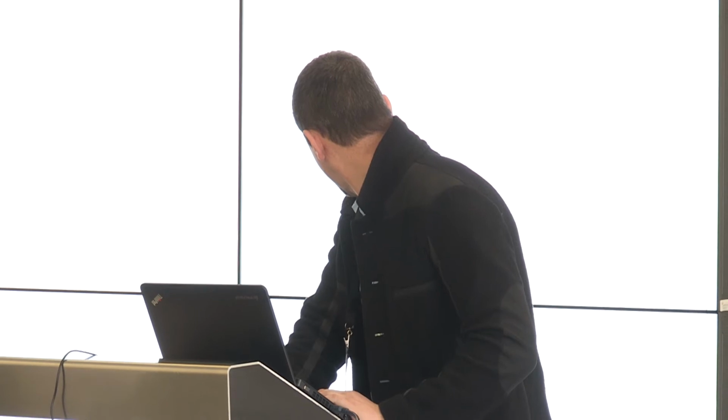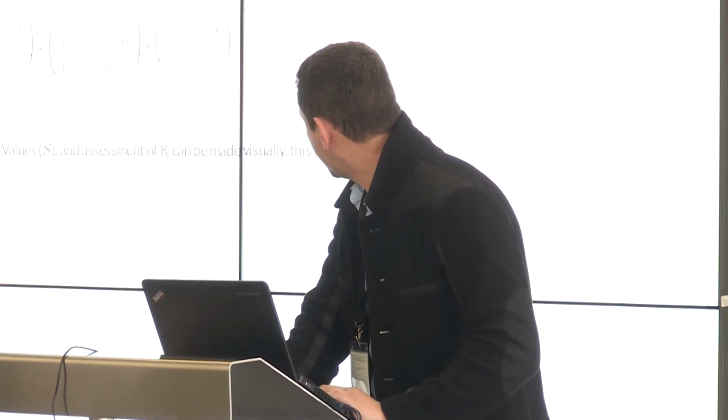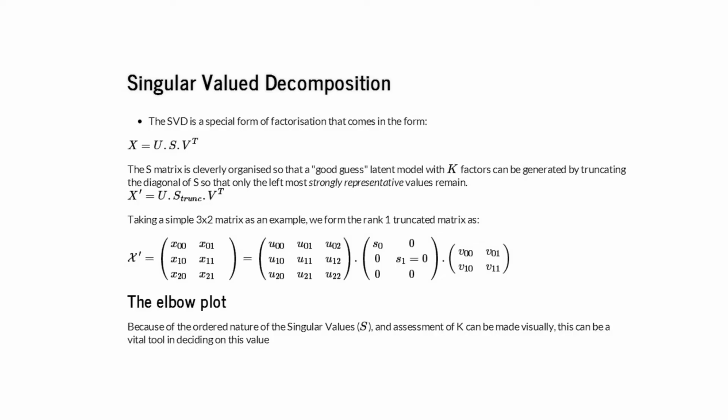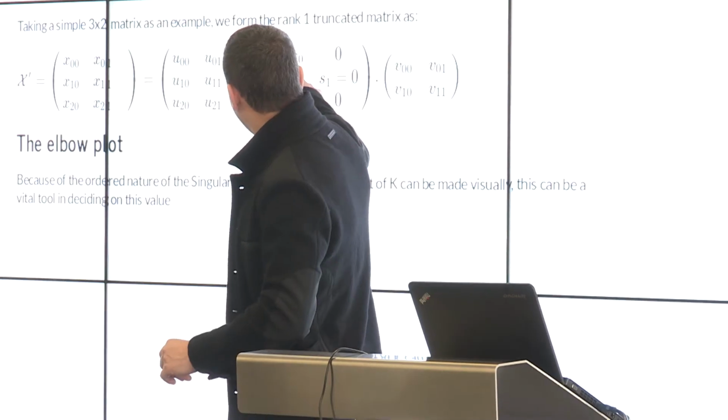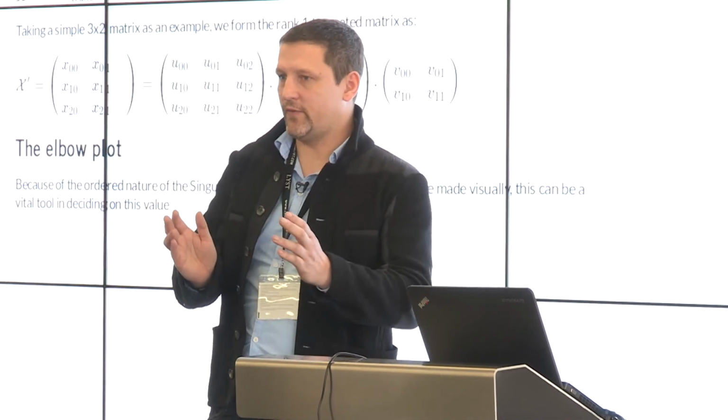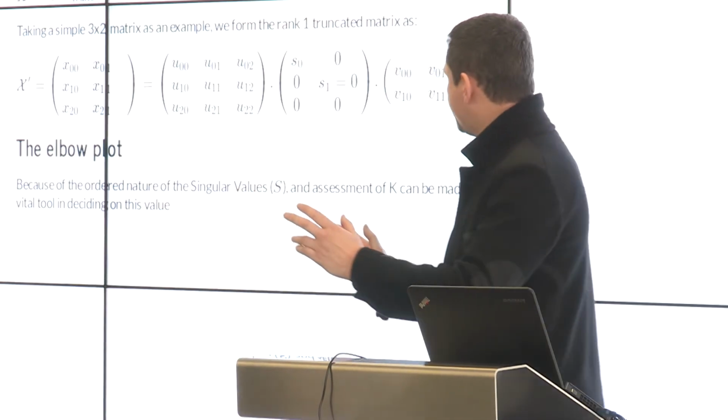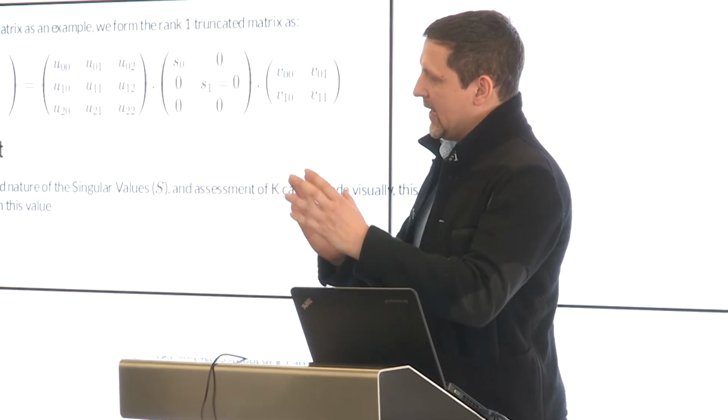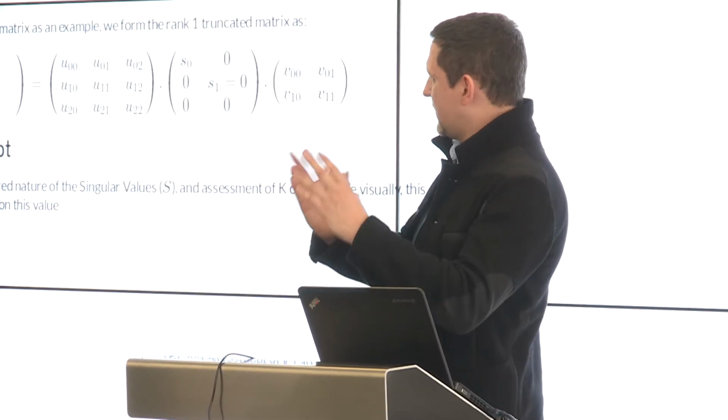Okay, so if I'm running this as a horse race, singular value decomposition is my front runner. It's again a factorization. It's a special factorization that allows for a scaling, a rotation, a scaling, and a rotation. The middle matrix gives you some feel for how much value there is in keeping a matrix of that size.